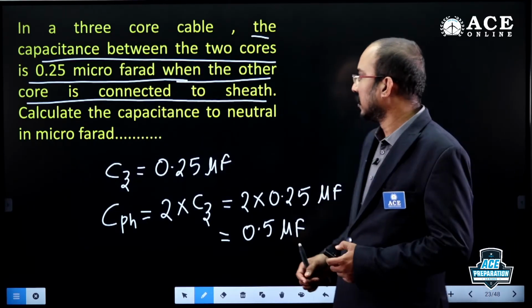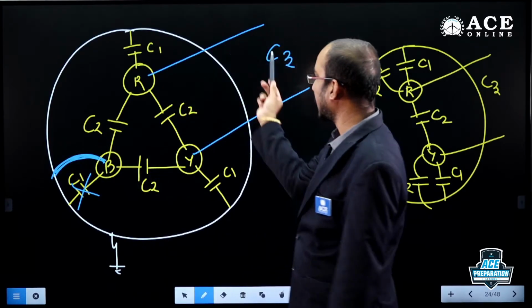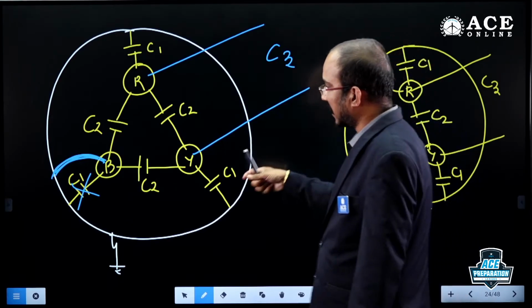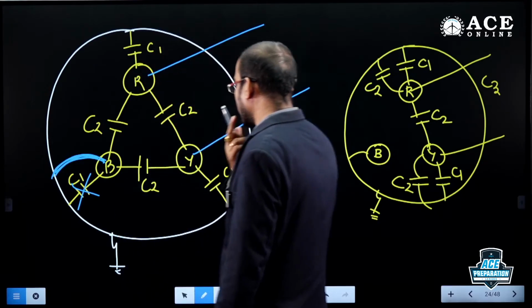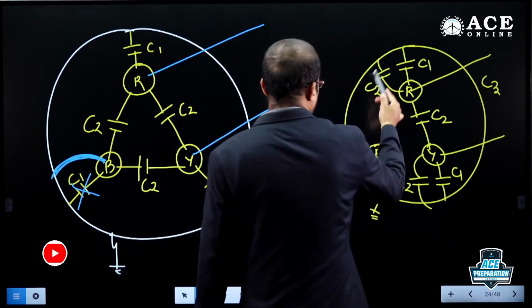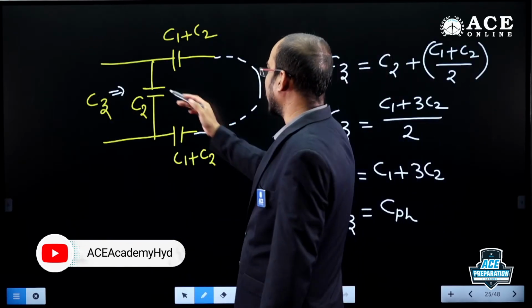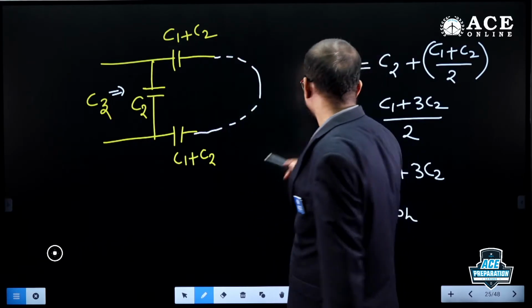Okay, I think you have got this problem. So simple. What he has given is, connect any one of the cores to the sheet and measure the capacitance between the remaining 2 cores. So I have taken the B core connected to the sheet, so there is no importance of this C1. We can represent the circuit like this. And if you model the value of Cz, you will get C2 parallel with these two in series, that is (C1 plus C2) by 2.